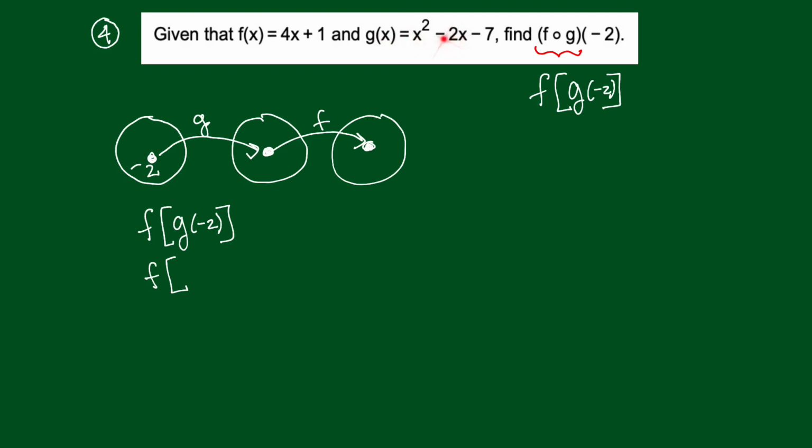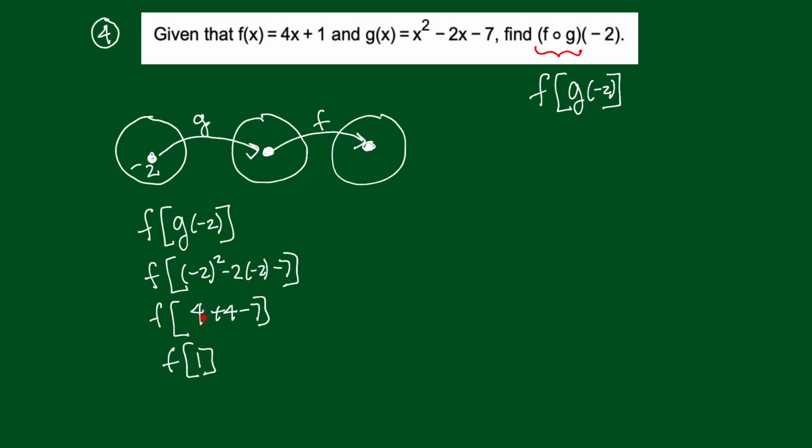So I'll have negative 2 squared minus 2 times negative 2 minus 7. This will give us f of negative 2 squared is 4, and then another plus 4 minus 7. F of, all right, 8 minus 7 is a 1.